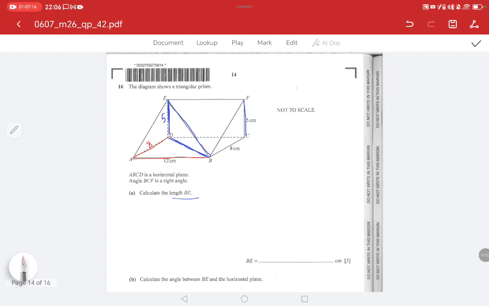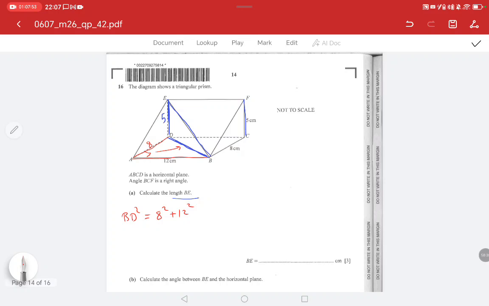The base here should be 90 degrees. So we can find this one by Pythagoras. Let's find it. BD squared equals 8 squared plus 12 squared, because this one is the hypotenuse.